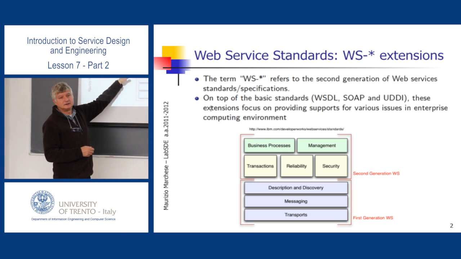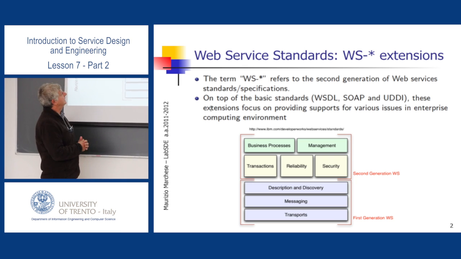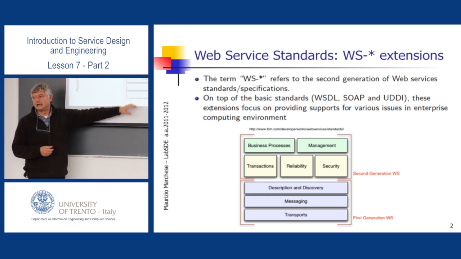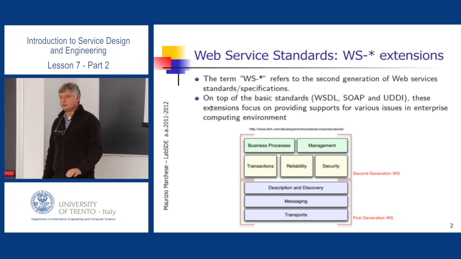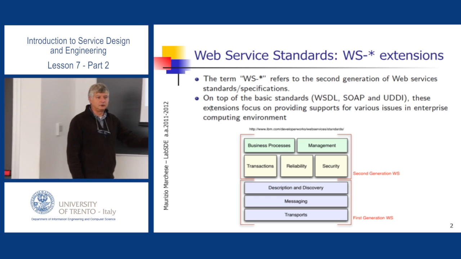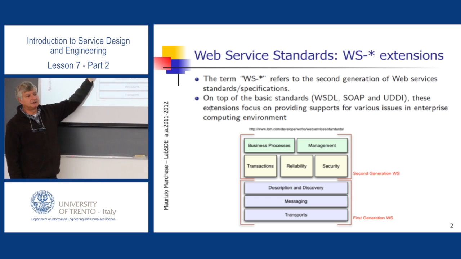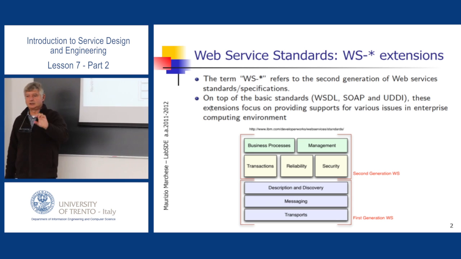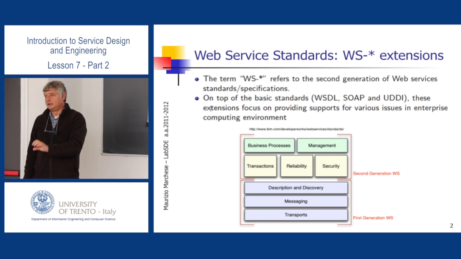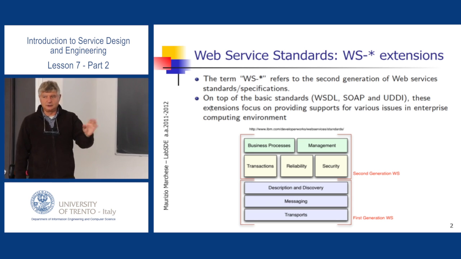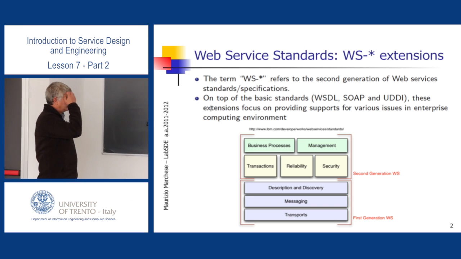So if you don't need all these other issues, like transaction reliability, you can just rely on the core one and you don't need to worry. If for your application you need security, you need business processes, then you can add these individual components in a relatively flexible way, not so easy as we will see, but you can do it.